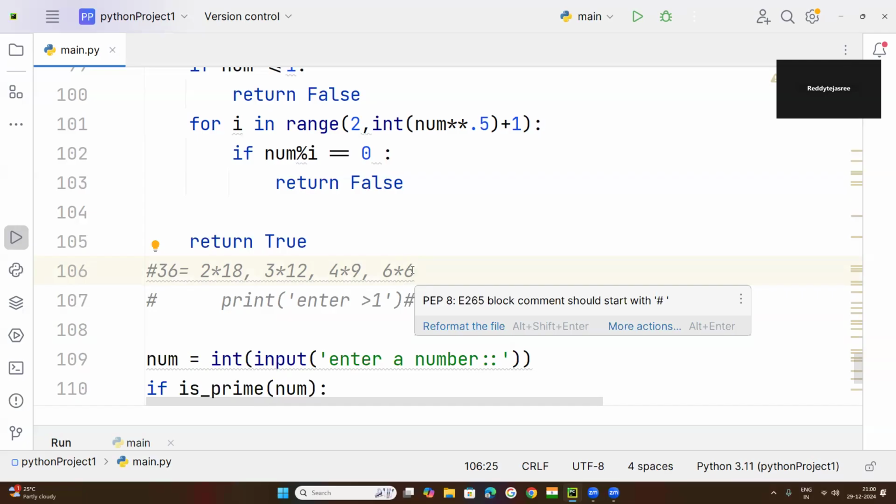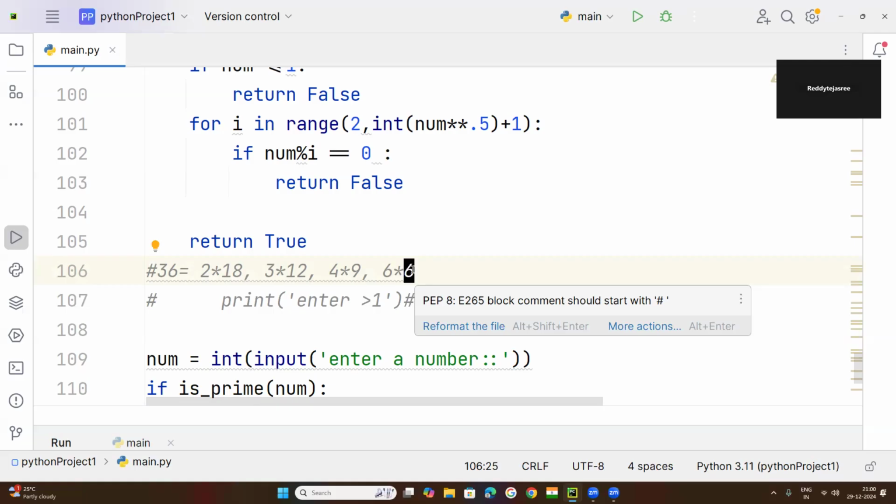If the taken number has a factor larger than the square root, 36 has a square root of 6 and has large factors greater than 6. What are they? 9, 12, 18. 2, 3, 4 are considered less than 6.